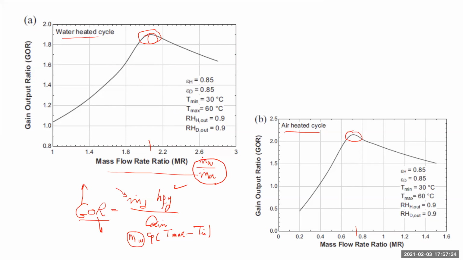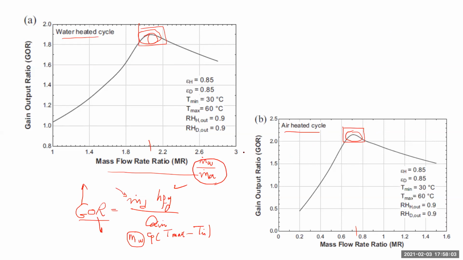Increasing the air can carry water vapor more and more until dilution becomes so that you are adding air that cools down the water while the condensation is not going to be affected. So the GOR is going to reduce again. So in that sense, we see that there is an optimum value. And if you are doing a certain analysis, you better look for the optimum value of m dot r, the mass flow rate ratio, so that you can guarantee the best performance.